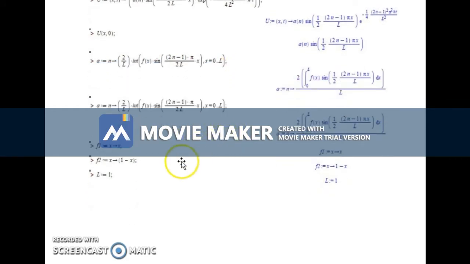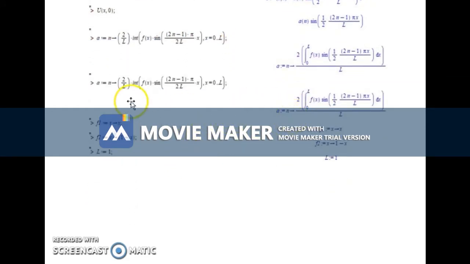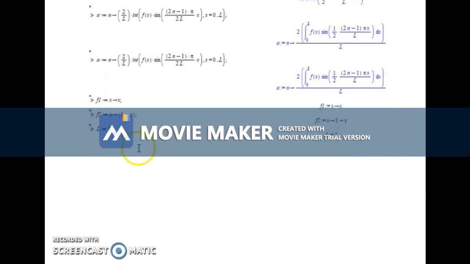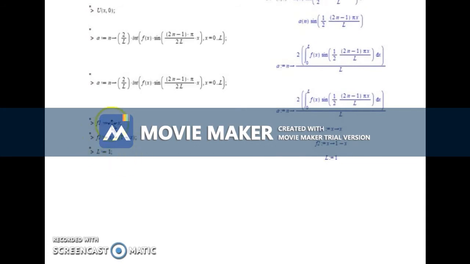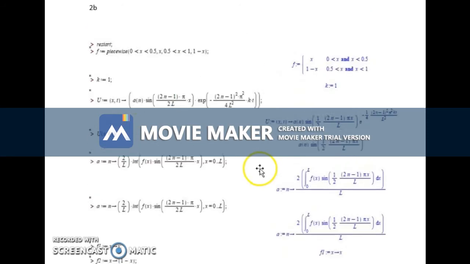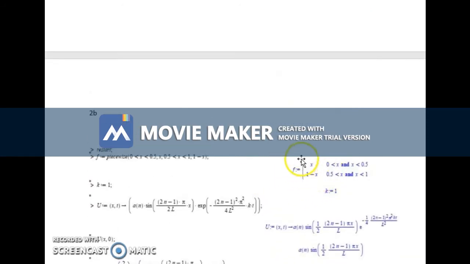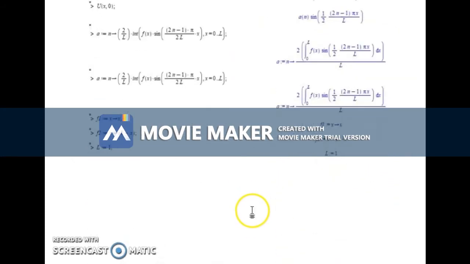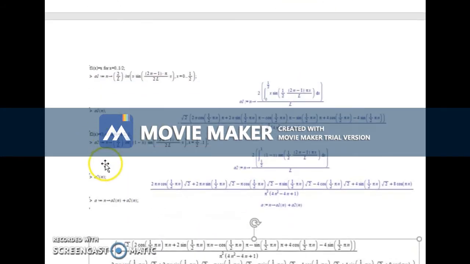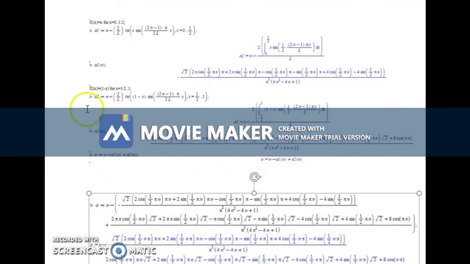Next, after we know our An, from the equation of the piecewise, f(x) equal to x and f(x) equal to 1 minus x, like this. For f(x) equal to x, x is from 0.5, which is 1 over 2, to 1.